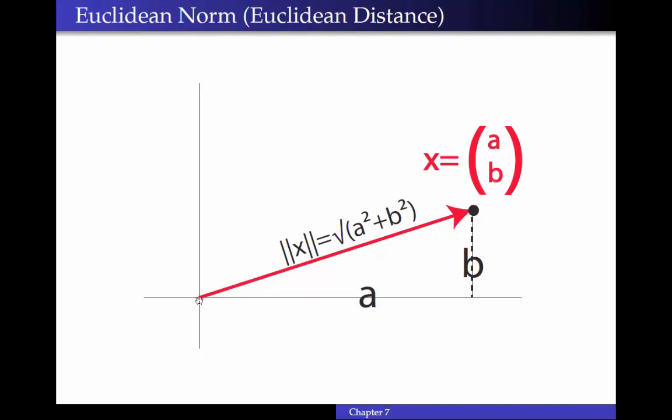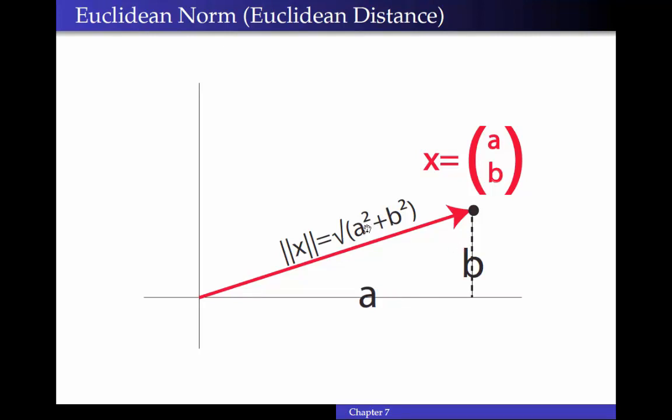And so I want to know the length of that red arrow right there. That's the vector x. And so I take the square root of a squared plus b squared, just the hypotenuse of that right triangle.